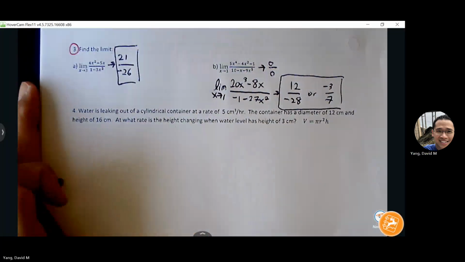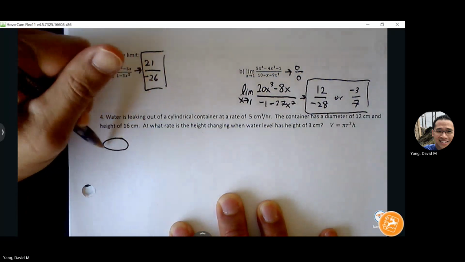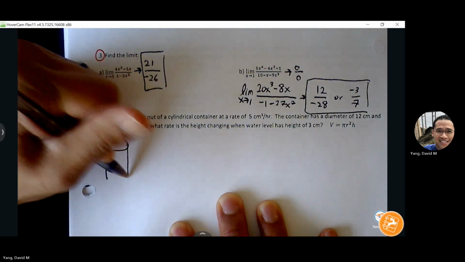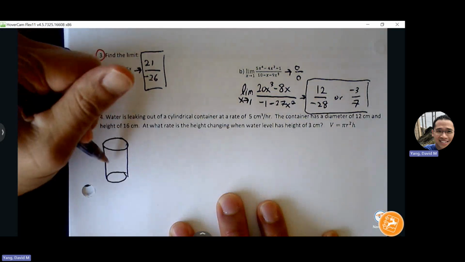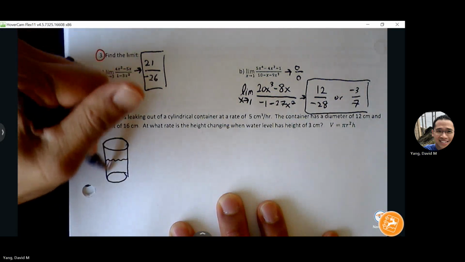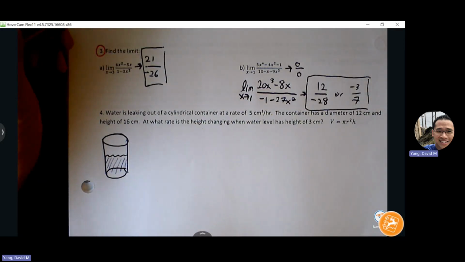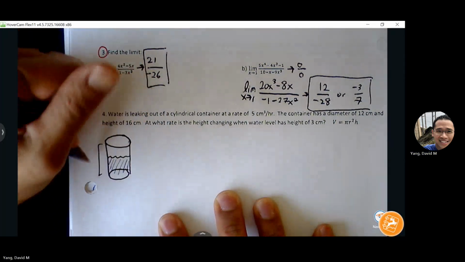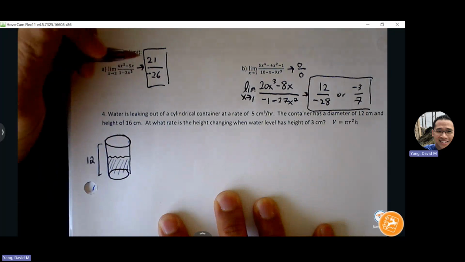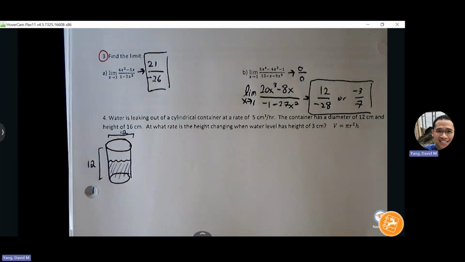Okay, number 4, we have a cylinder problem here. Water's leaking out of a cylindrical container at a rate of 5 cubic centimeters per hour. The container has a diameter of 12 centimeters and a height of 16.